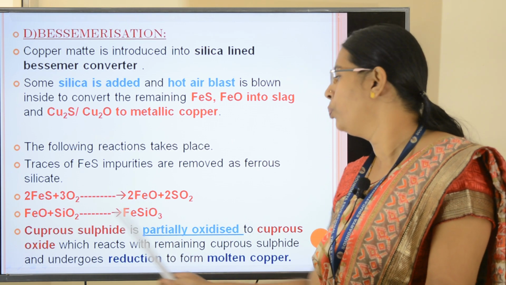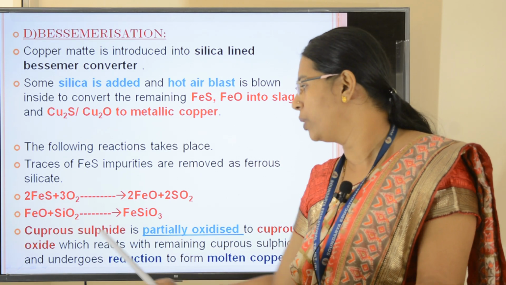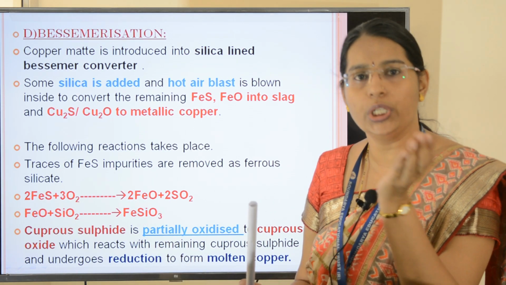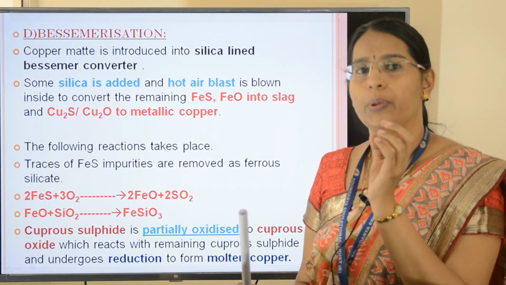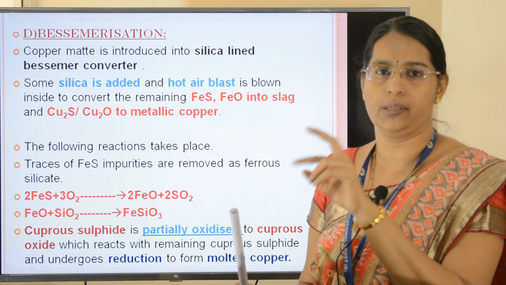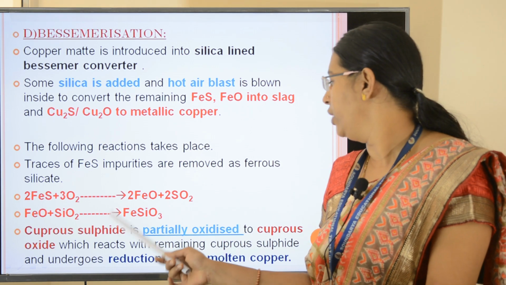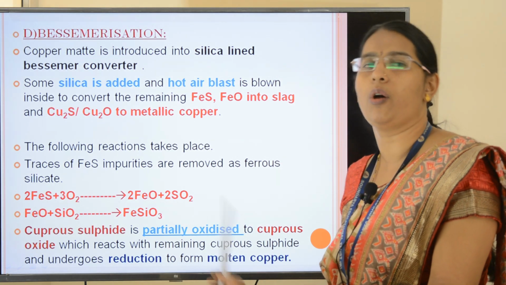Only little amount of the cuprous sulfide is initially oxidized into cuprous oxide. In the next step, the cuprous sulfide and cuprous oxide react among themselves, which is also called self-reduction. It will undergo reduction and it will form molten copper.